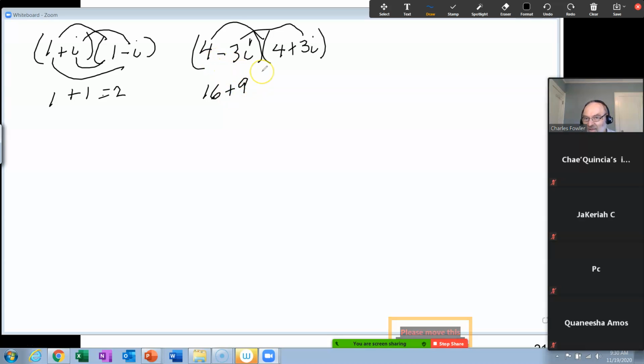You could think about doing the other two. That's a plus 12i, minus 12i adds to 0. So this is 25. There's your answers. 2 for the first one, 25 for the second one. There's a checkpoint after that one as well.